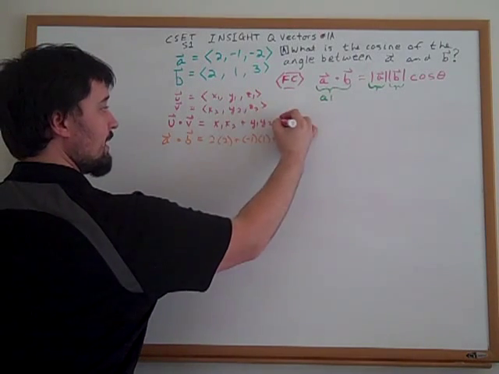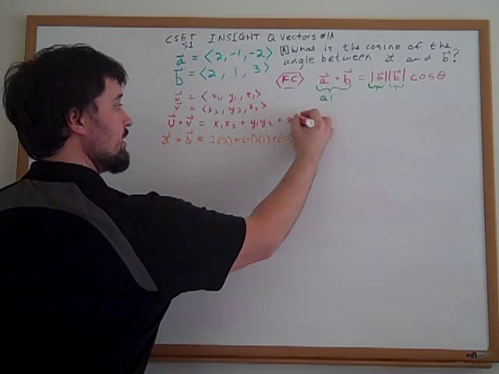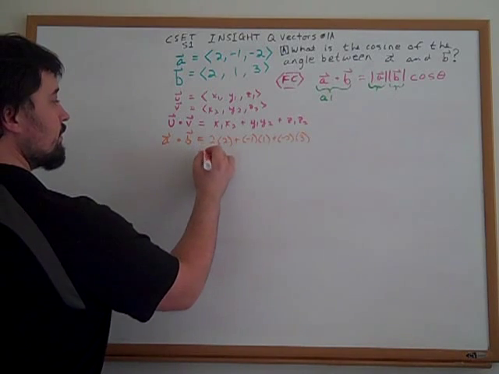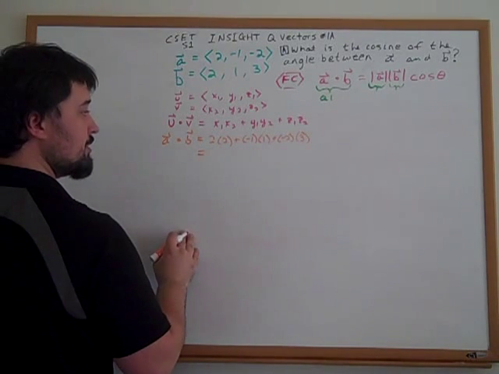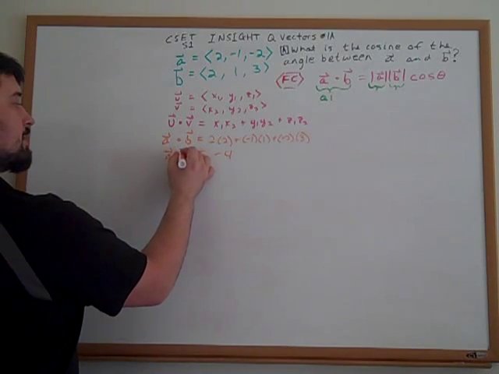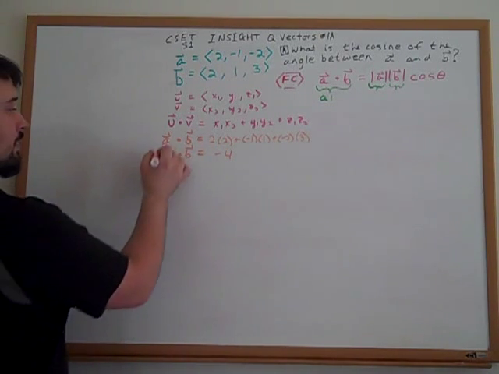And we would just complete the idea by multiplying our z's together and adding them. Now, we calculate this number, 4 minus 2 minus 6, so negative 4. So A dot B is negative 4.